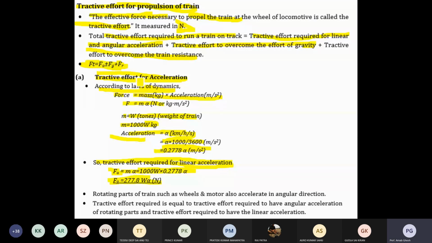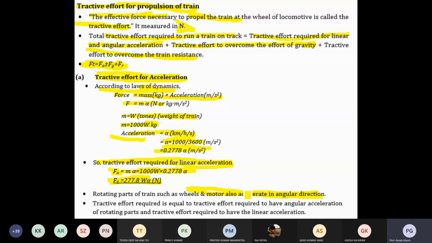Now, rotating parts of the train, such as the wheels and the motor, are also accelerated in angular directions. So acceleration is possible in linear as well as angular form. Linear means when it is traveling along the track. Angular means the motor is also responsible: the shaft is rotating, which is responsible for the angular movement of the wheel. So both accelerations are important.